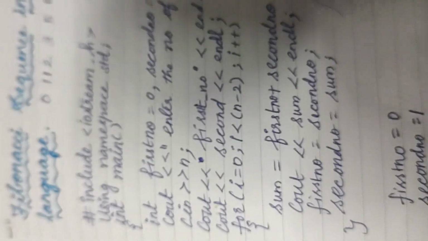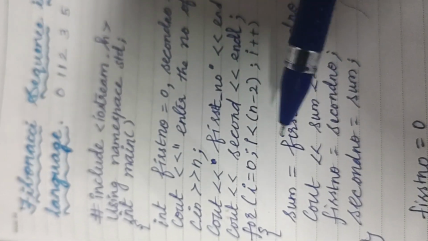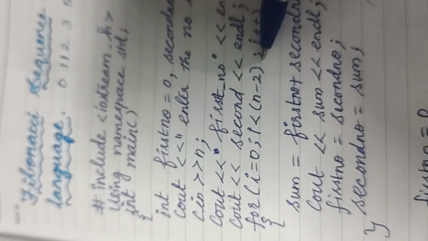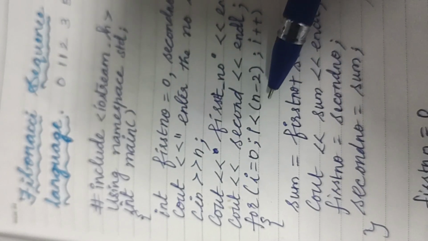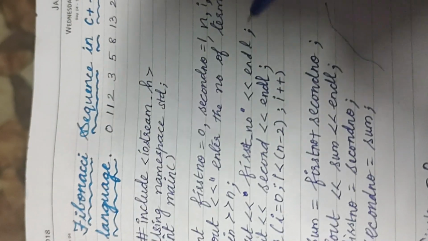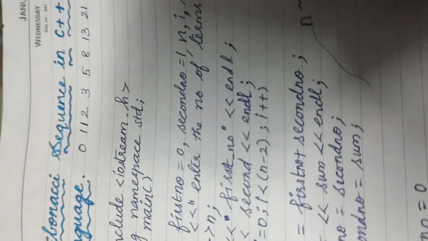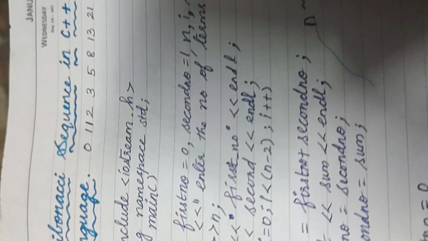Then we use a for loop to print the remaining terms in the Fibonacci sequence. For example, we have given here enter the number of terms, and the n value we give is n equal to 10.